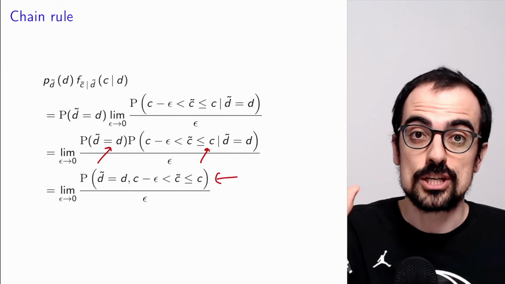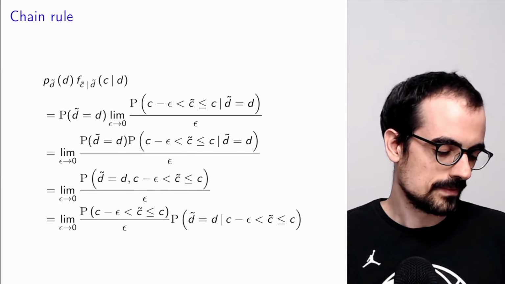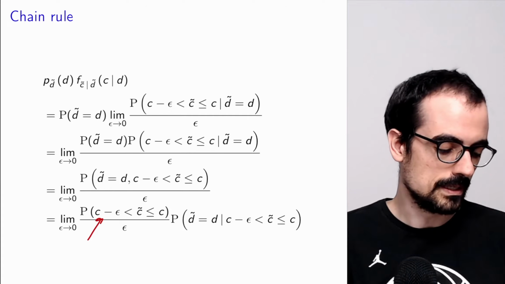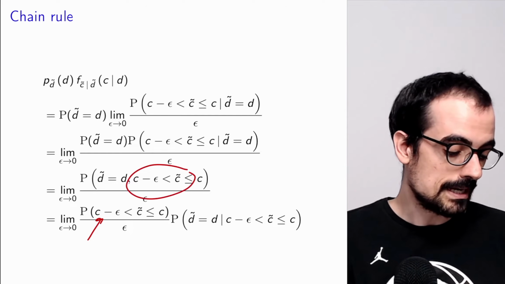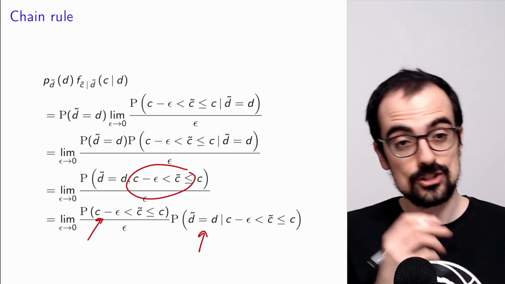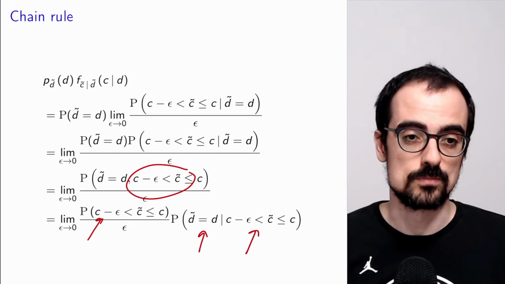Now we can apply the chain rule in the opposite order. So taking out the probability of the continuous random variable being in this interval, we now have the conditional of the discrete random variable being equal to D, conditioned on the continuous random variable being in the small interval.